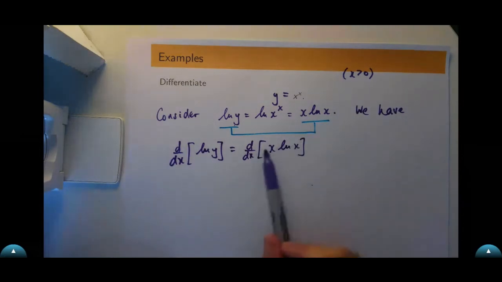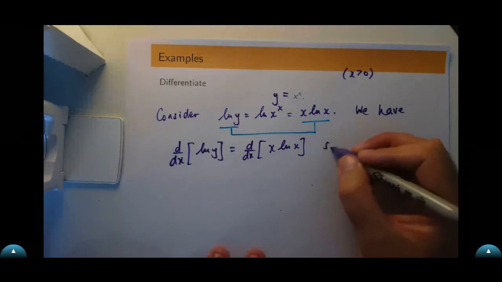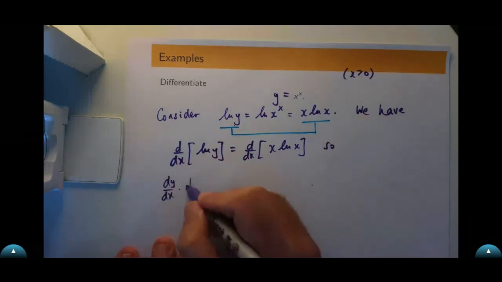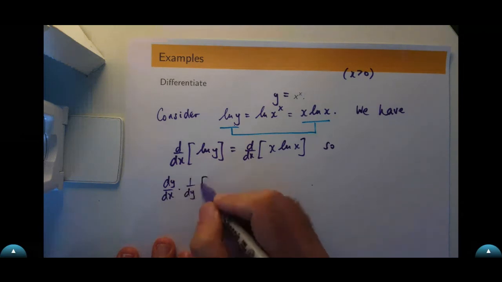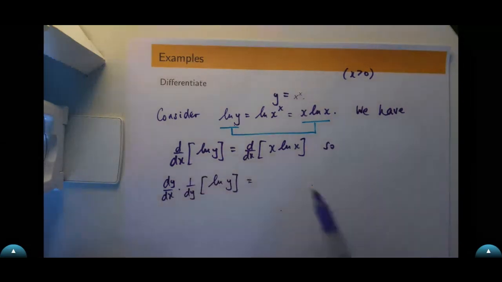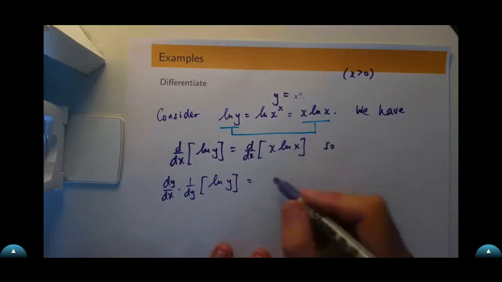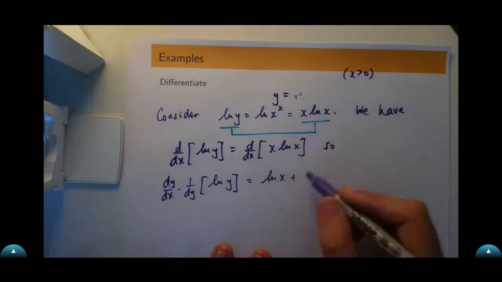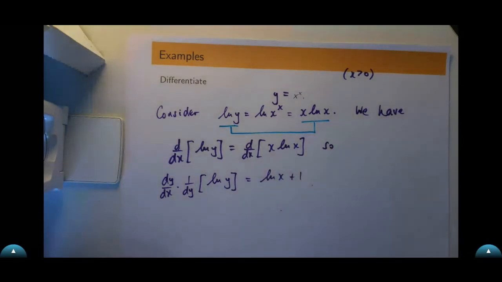I can use the product rule here and I can use the chain rule here. The product rule for this one is going to be something like log x plus x times 1 on x, which is just that.